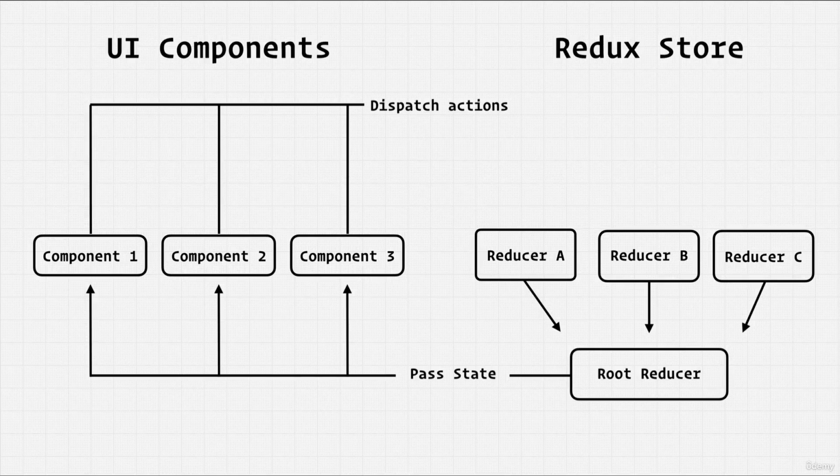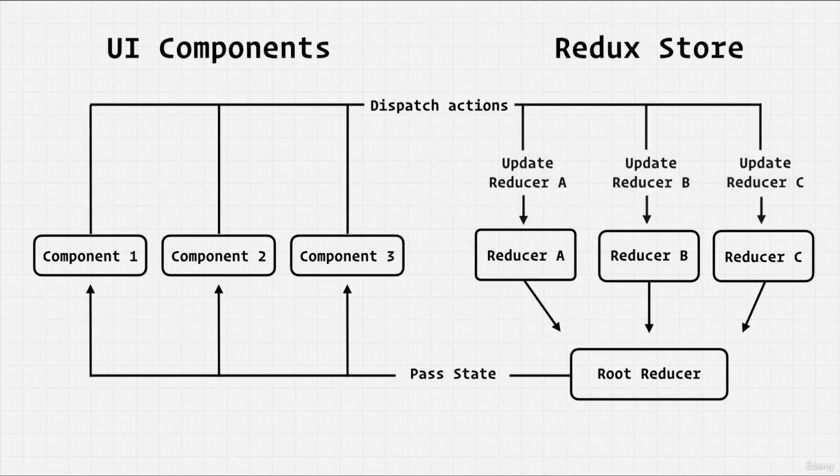Essentially, you're going to dispatch actions using the one dispatch, and all of these reducers are going to receive those actions. But what happens is that we have to determine in the corresponding reducer what to update. So these actions may update reducer A, may update reducer B, or update reducer C. In fact, the same action can update all 3 reducers if these 3 reducers choose to update based on that action. But this is the different flow of Redux.